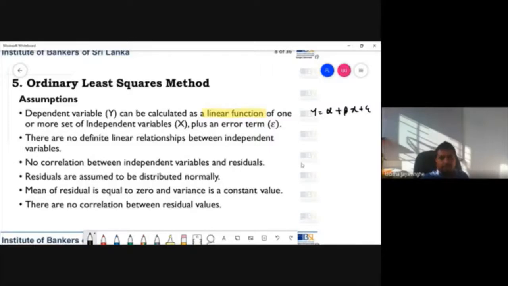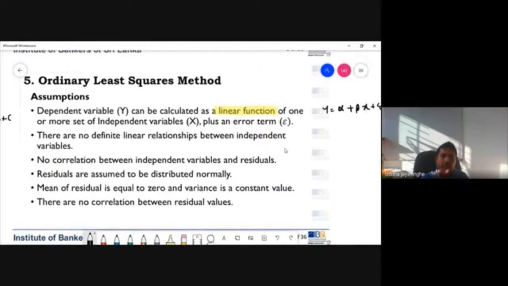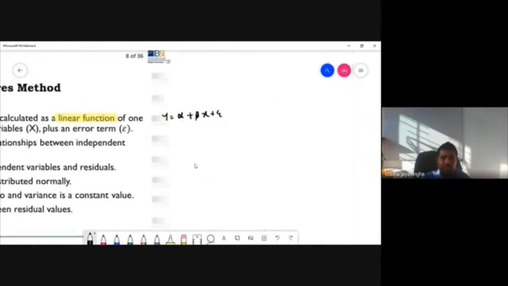This is the very fundamental assumption. Okay. What does this tell you? It is a linear function. If it is a curvilinear function, no, this is not the form. This is a good example. It's going to be y equals ax square plus bx plus c.